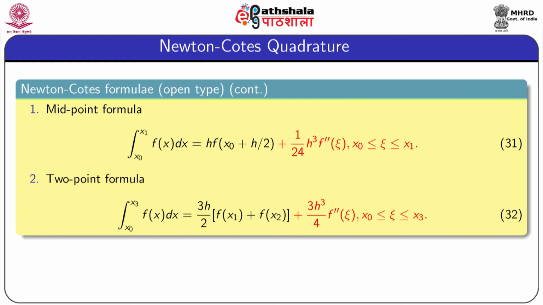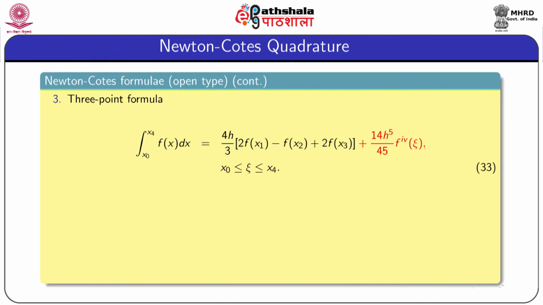Now we consider another formula known as the 2-point formula. Here also the integral from x0 to x3 of f(x) dx is equal to 3h/2 times [f(x1) + f(x2)]. In this formula also the endpoints x0 and x3 are excluded, and the remaining term indicates the error term.